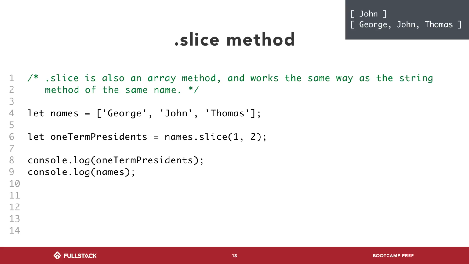I can't harp on that enough, because what's likely going to happen is someone's going to try using slice and not capture the output. And if you don't capture the output, then you might as well not use slice at all. Because if slice doesn't modify the original array but gives you back a brand new thing, and you don't store that thing anywhere, it's almost like you didn't use it. So slice returns a new array. If you ever use it, make sure you're capturing whatever slice returns back to you.